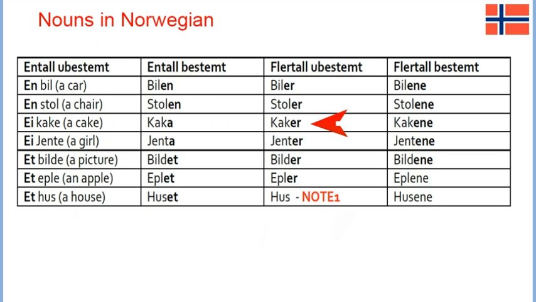Just like male, the plural indefinite form has the same ending for female. The same plural definite form, the cakes, kakene. So you can recognize a plural noun, if you know it's a noun, by seeing ene, or if it's er, it's almost certainly a plural noun. There are exceptions, but they are very rare.